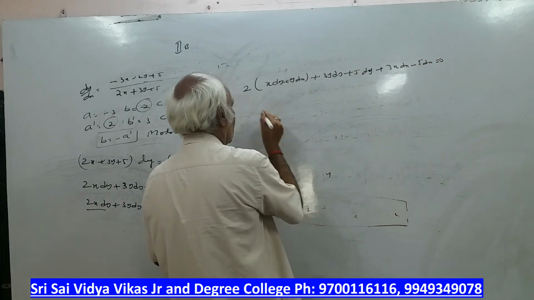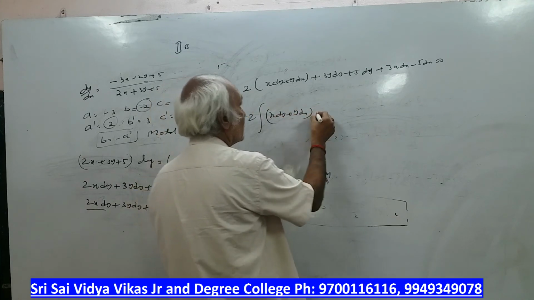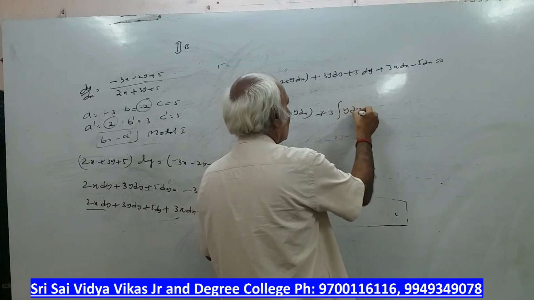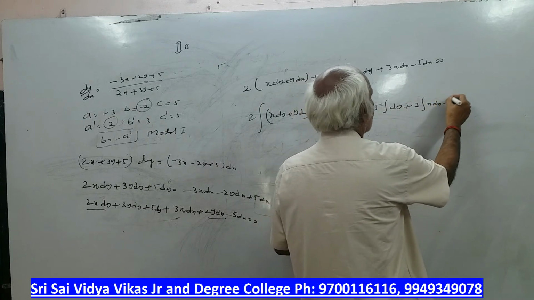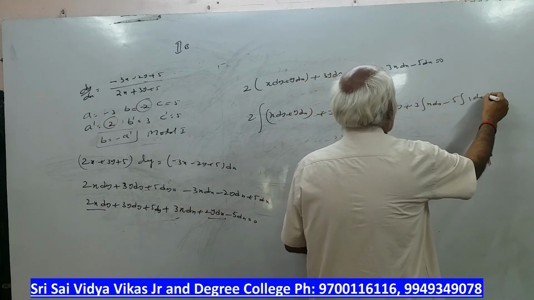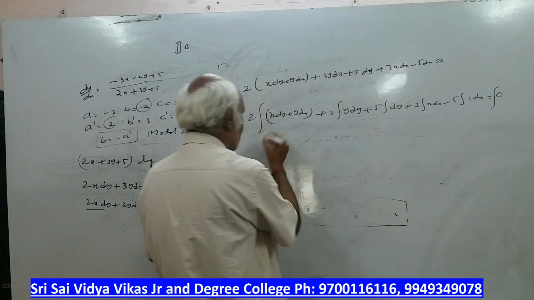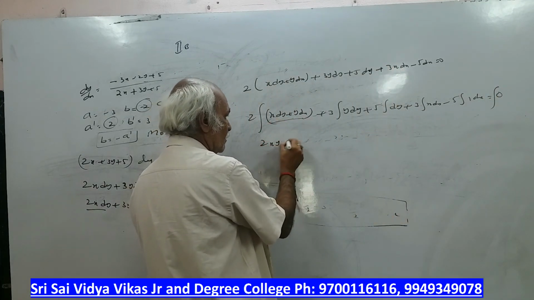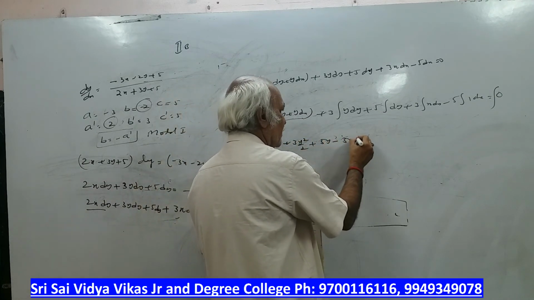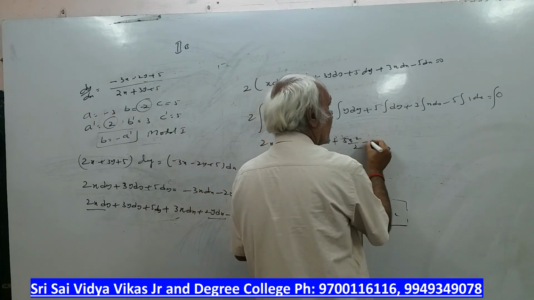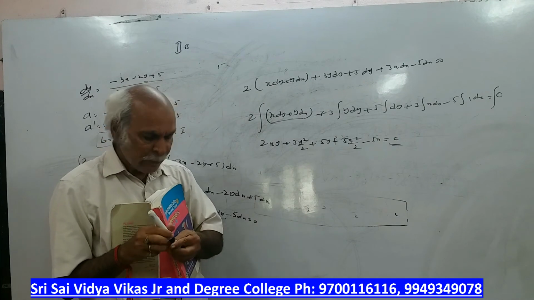Now put an integration symbol. x dy plus y dx plus 3 into y dy plus 3 into x dx is equal to 0. Integration of 0. If you don't write it also, nothing will happen. So again this is xy plus 3y square by 2 plus 5y plus 3x square by 2 minus 5x is equal to c. Always you get the same model, sir. Please note down.